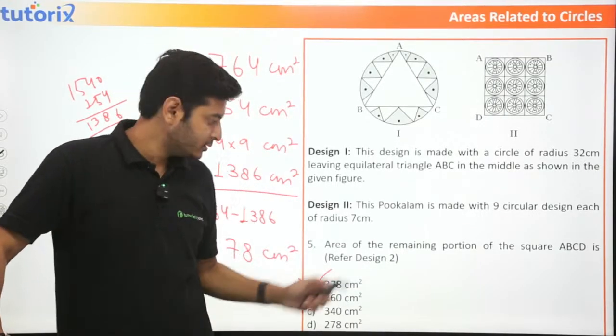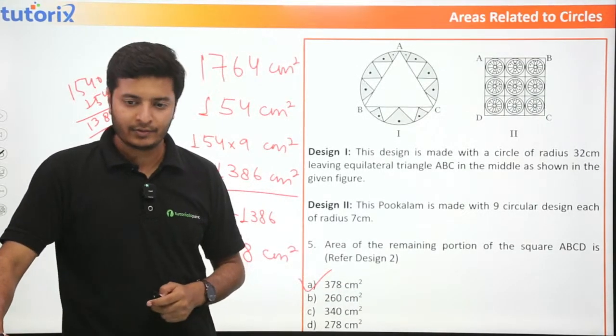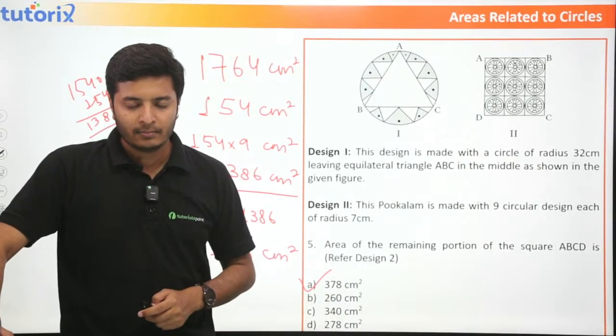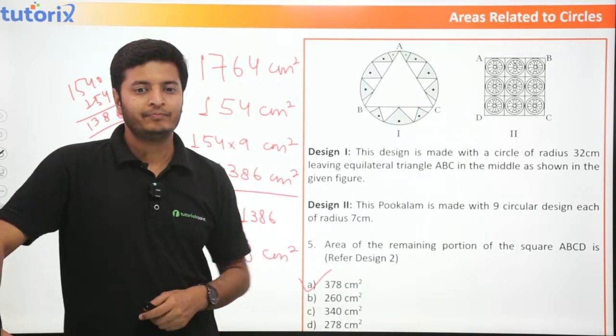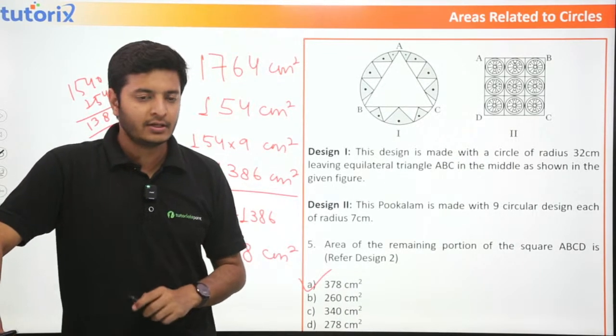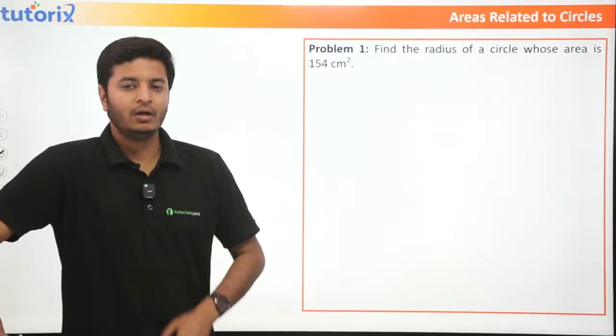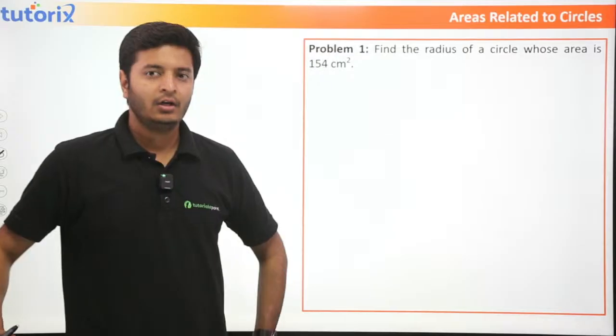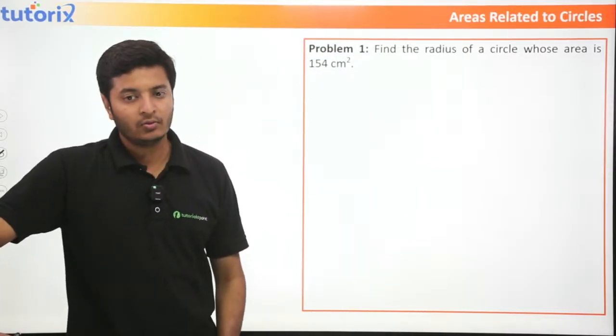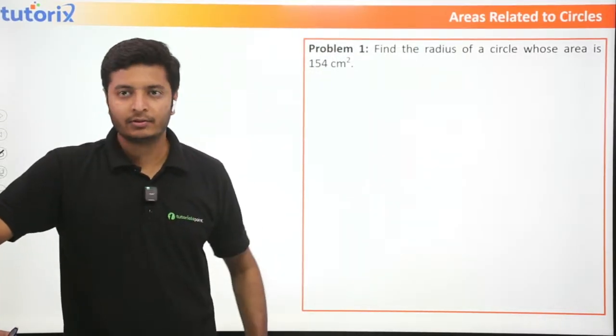That will be our answer, 378 centimeter square. Now, so done with the case study. Now let's move on to the problems. Problem number 1. Find the radius of a circle whose area is 154 centimeter square.